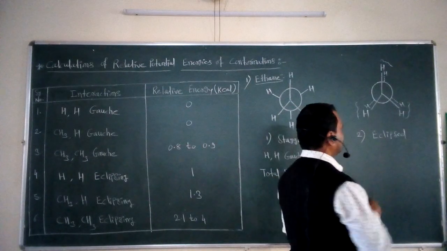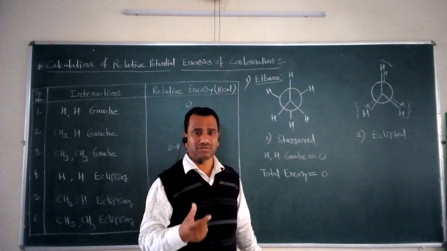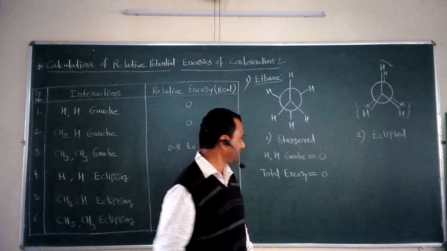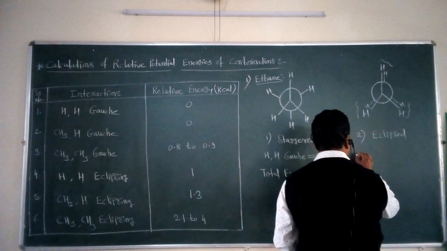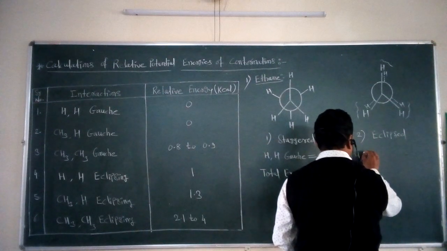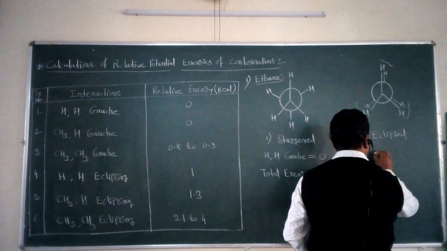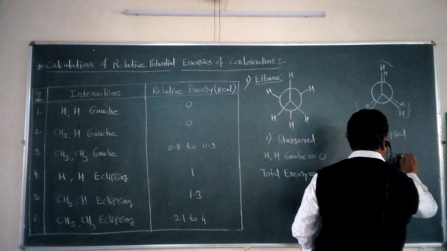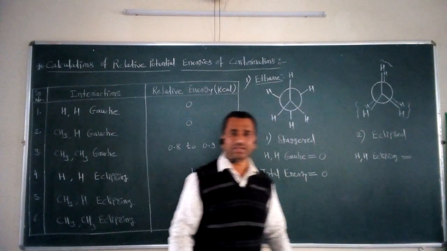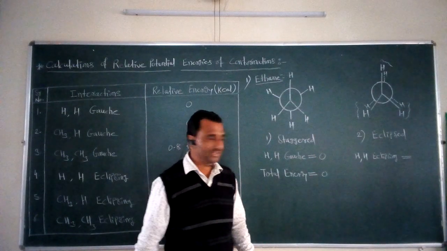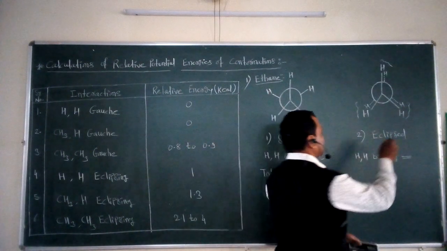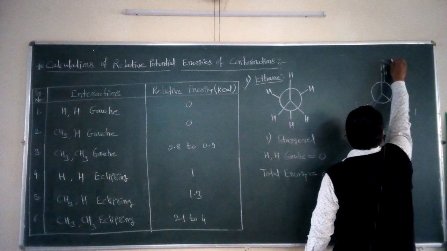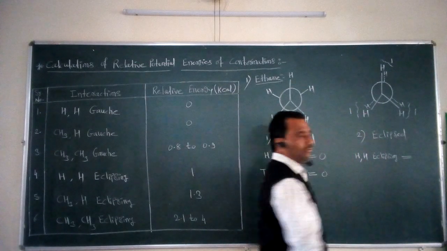For each hydrogen eclipse interaction, we have to take the energy value equal to 1 kilocalorie. So how many HH eclipsing interactions are there? 3 interactions. For each interaction, we take 1 kilocalorie: it is again 1 kilocalorie, and again 1 kilocalorie.